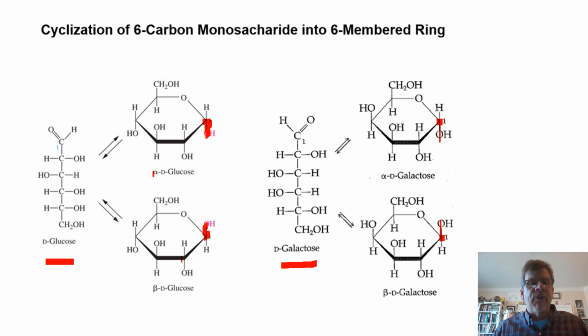Because remember, the alpha anomer can equilibrate into the beta. So they're both the same thing, really. But if you remember, if we look over again at the structure on the right-hand side here, any other hydroxyls in it are always specific.